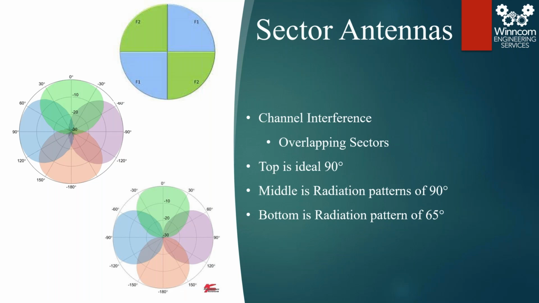If you look at the white areas, that's your null areas where you don't have coverage, or a lot less coverage. But you have a lot less, and you don't have the interference that you do from your 4 90s. And with the nulls, with good engineering and designing, you could avoid that. You could find your customer locations and make sure that your customers are not on those nulls by readjusting your sectors as needed.